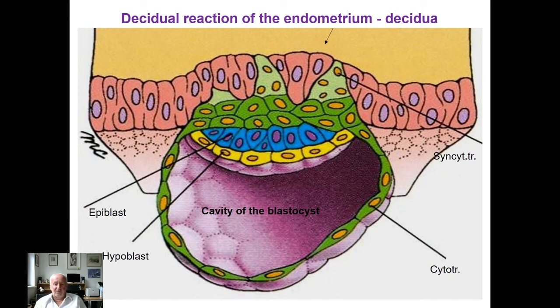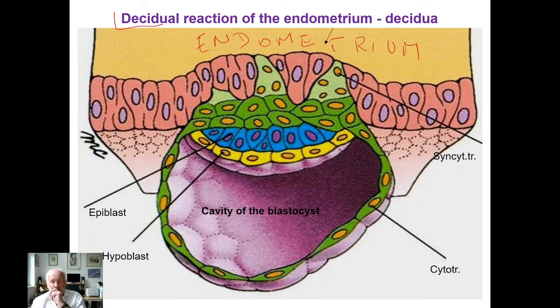Let's leave for a few minutes the blastocyst. Let's concentrate on the endometrium, because something happens also here, in the endometrium of the uterus. So, what happens here? The decidual reaction.